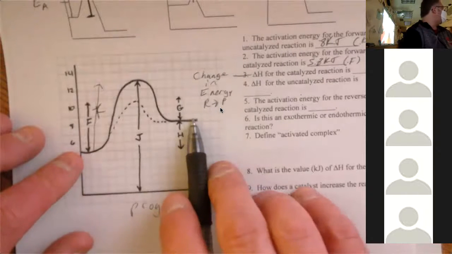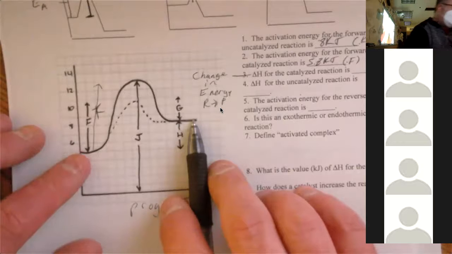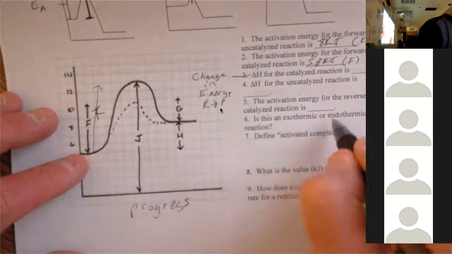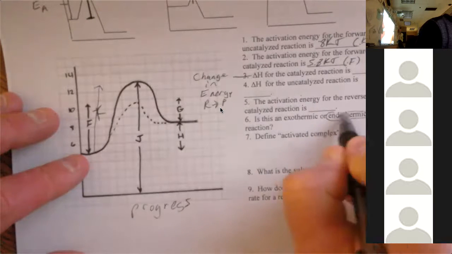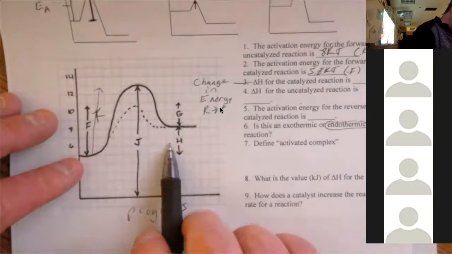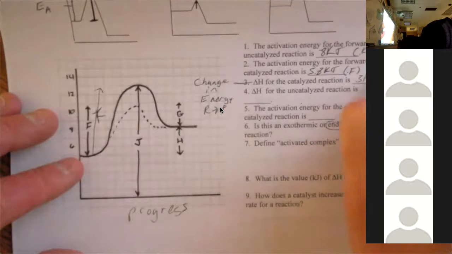Do the products have more or less energy? More. So that right there tells us this is endothermic. So this reaction is gaining energy. It is what we call endothermic. How much does it gain? 1, 2, 3. So 3 kilojoules, or just H.